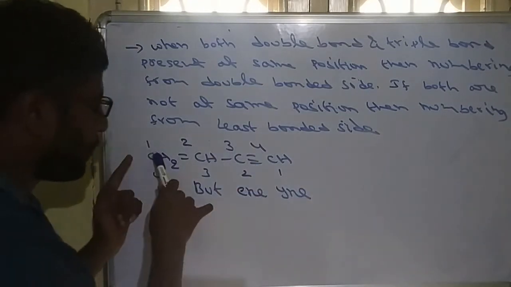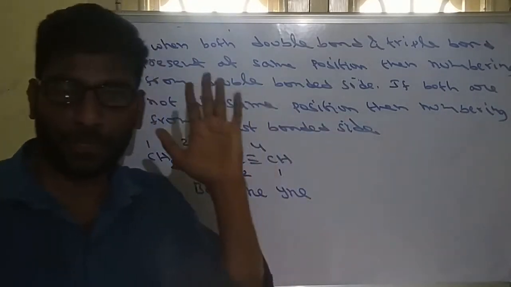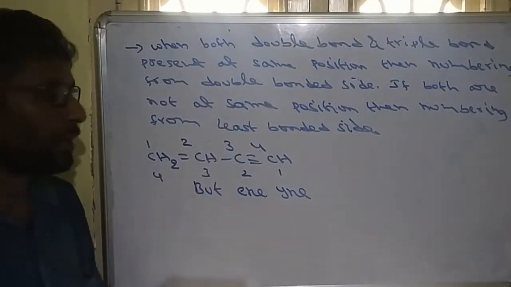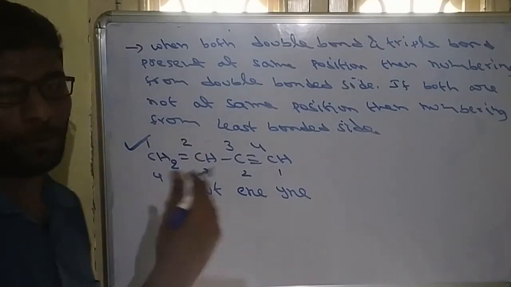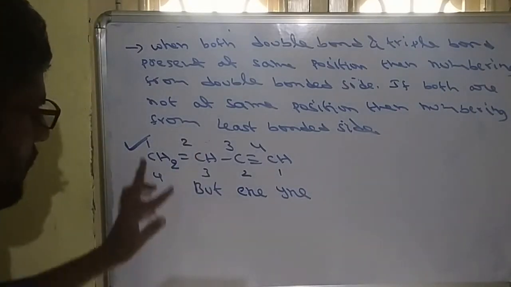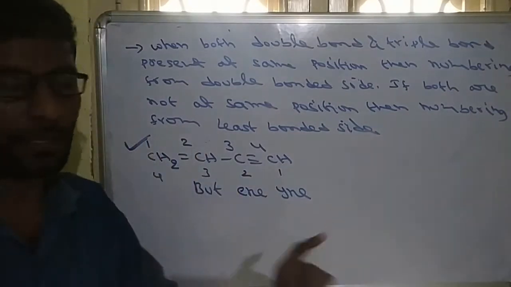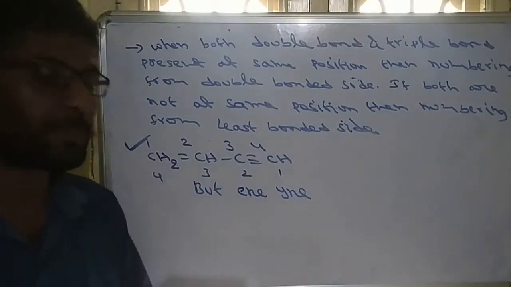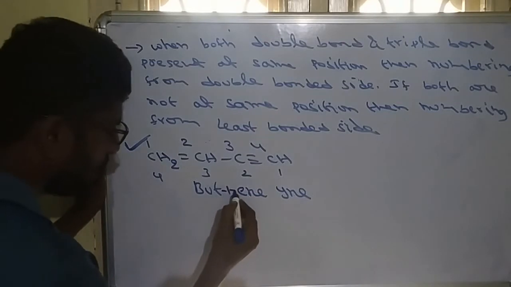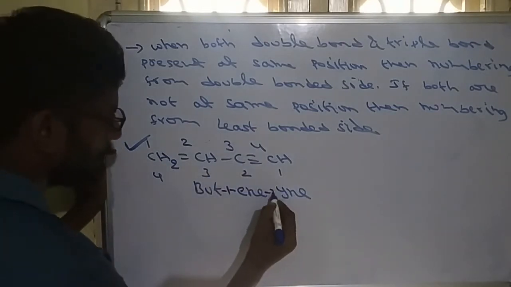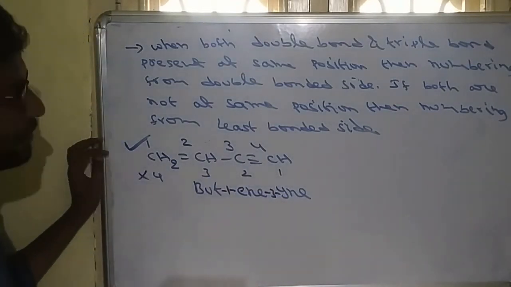That means, both double bond, triple bond present at same position. Then, numbering from double bonded side. So, double bond is more preferred over the triple bond. So that's why when both are at same position, then only double bond is preferred. So this numbering is correct numbering. So ene position will be 1 and yne position will be 3. So this is the wrong numbering.